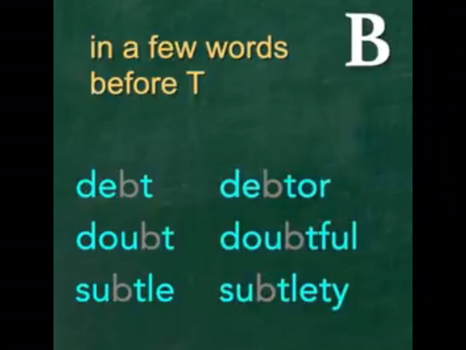We do not pronounce the B in these words when the T comes after the B, such as depth, doubt, subtle, debtor, doubtful, and subtly. Okay, again, depth, doubt, subtle, debtor, doubtful, and subtly.